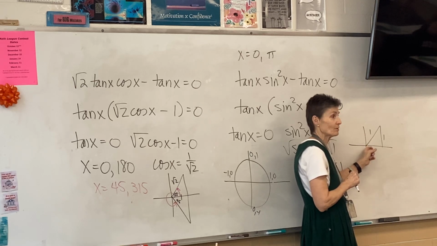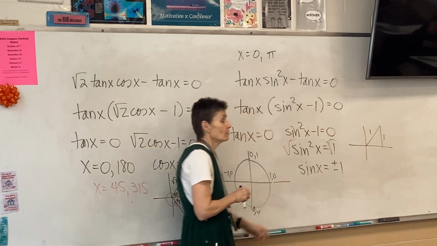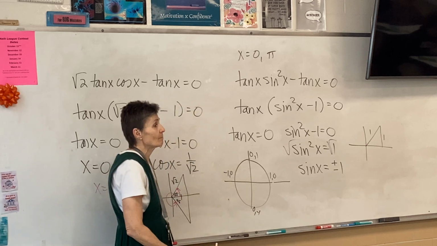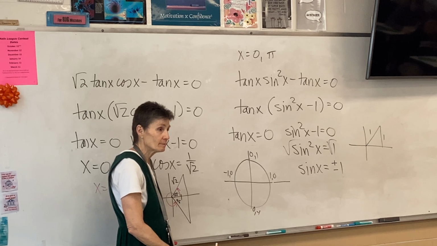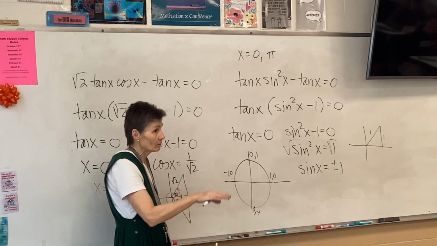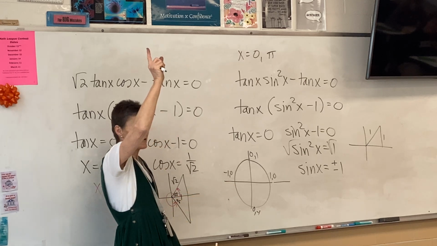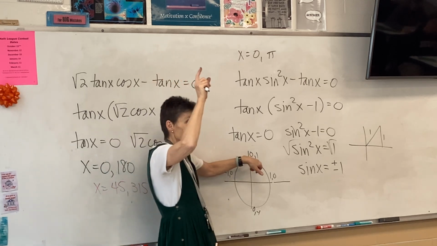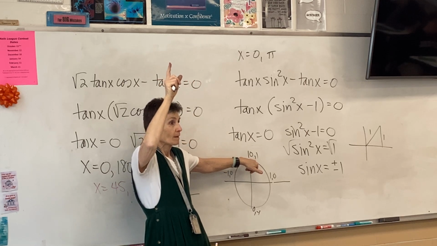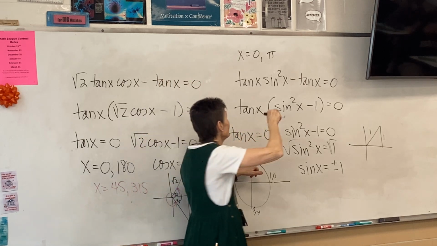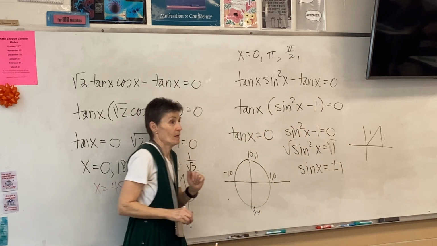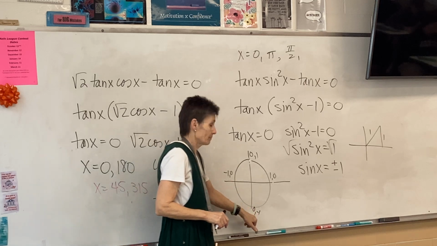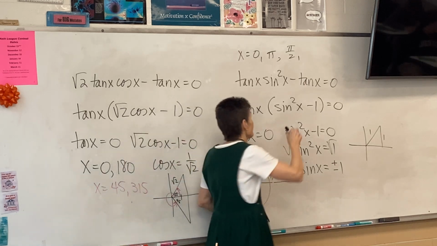So we're not in a triangle, we're back on the circle. Sine is y, right? Sine is 1 up here, at 90, or pi divided by 2. And where is sine negative 1? 3 pi over 2.